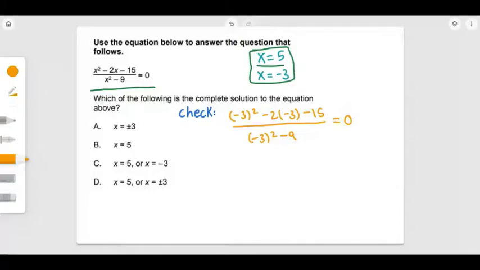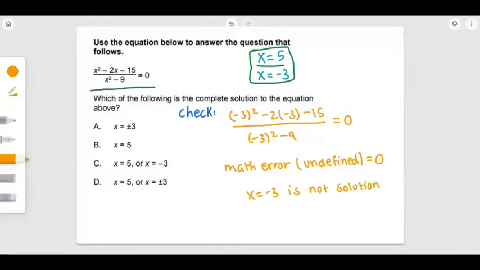Now, if you put this equation in the calculator, it will give you a math error. So the value of this expression is undefined. So unfortunately, x equals negative 3 is not a solution because it's not equal to 0.